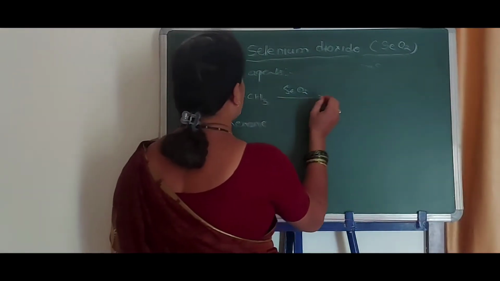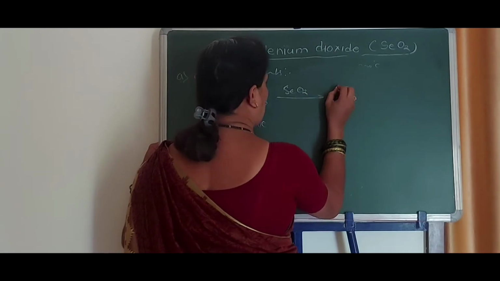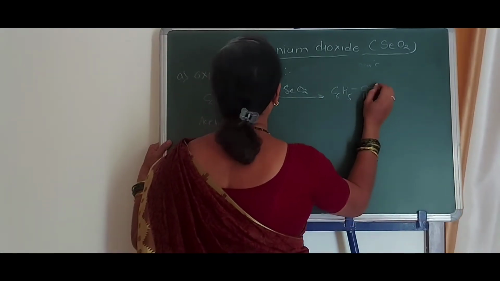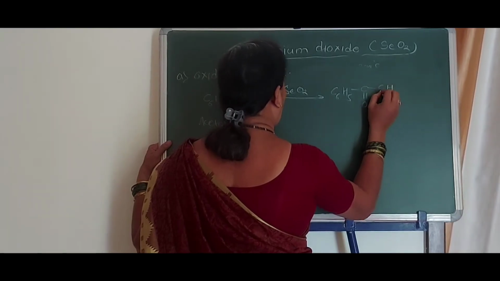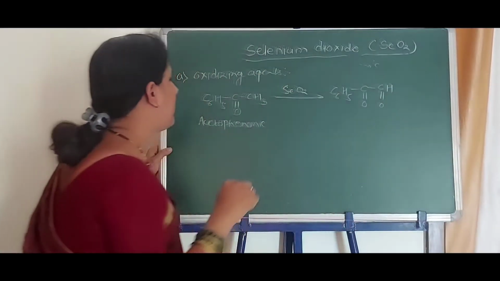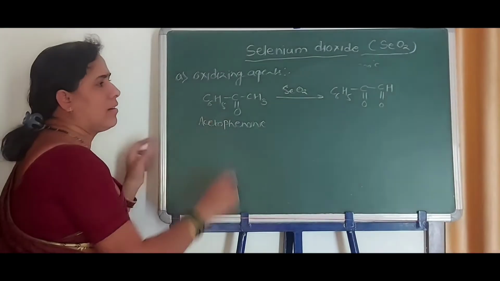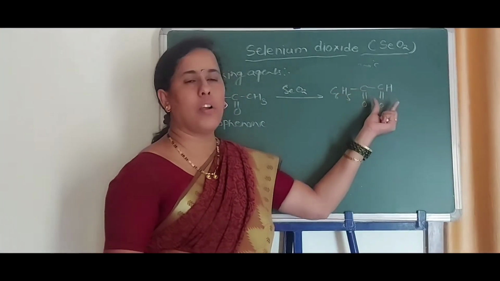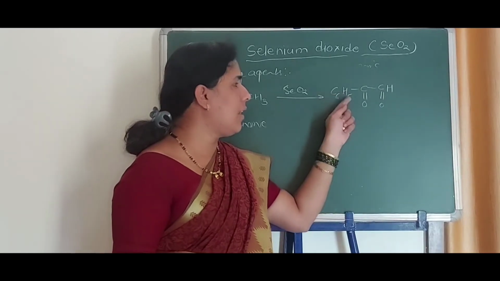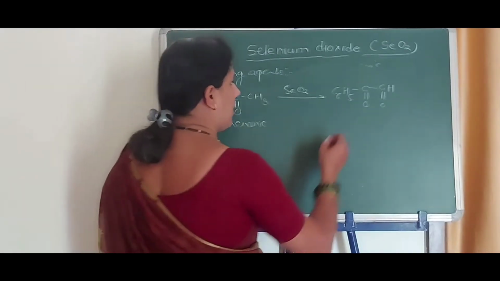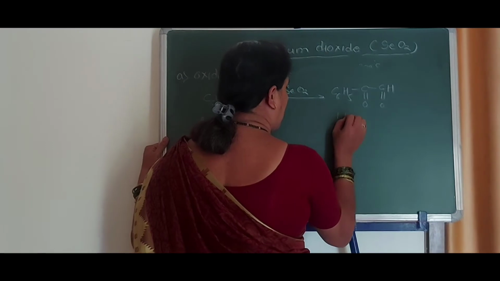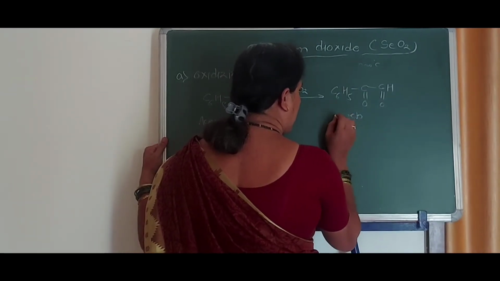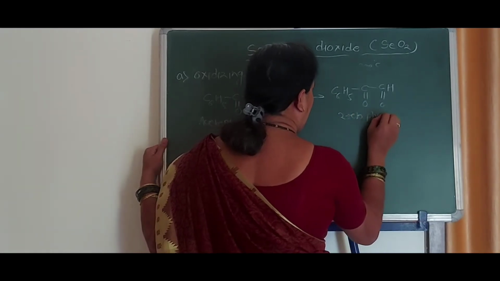Only the CH3 group is converted into a CHO, giving C6H5CO and then CHO. That is a 1,2-diketo compound, or phenyl glyoxal. One keto here, two keto, phenyl glyoxal.